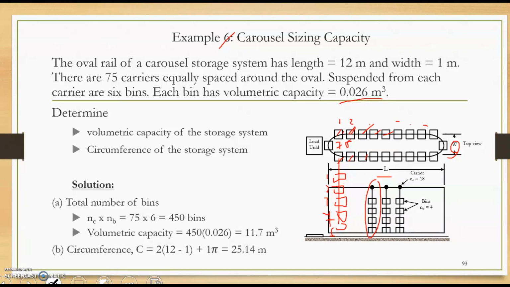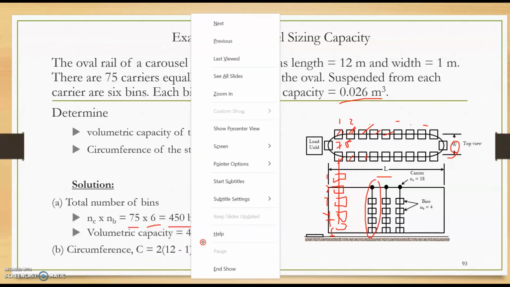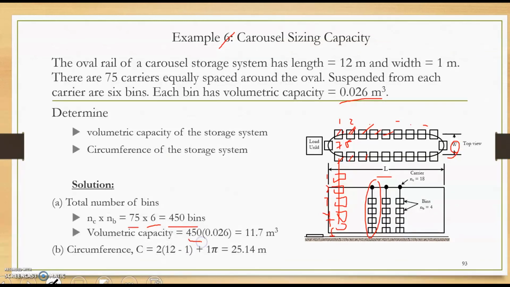First we need to find the total number of bins. We know that the carousel has 75 carriers, and each carrier has 6 bins, so we have 450 bins. The volumetric capacity for all the bins equals 450 times 0.026 cubic meters, which equals 11.7 cubic meters. The next question is to find the circumference of the storage system.